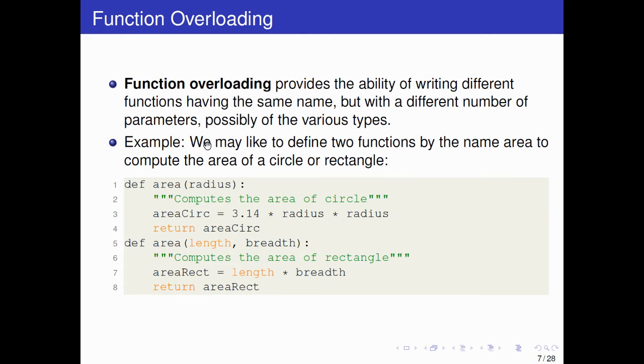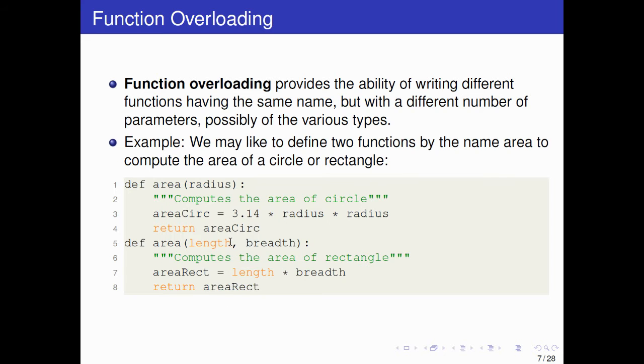For example, you may like to define two functions by the name area to compute the area of a circle and a rectangle. The name of the function will be the same, and you want to return the area of circle and area of rectangle both. Here the parameter is radius, here the parameters are length and breadth.